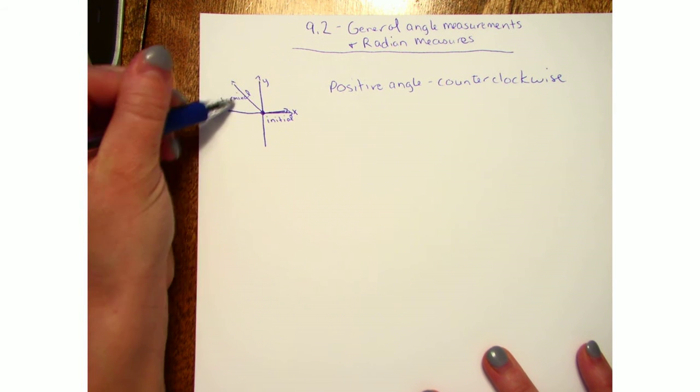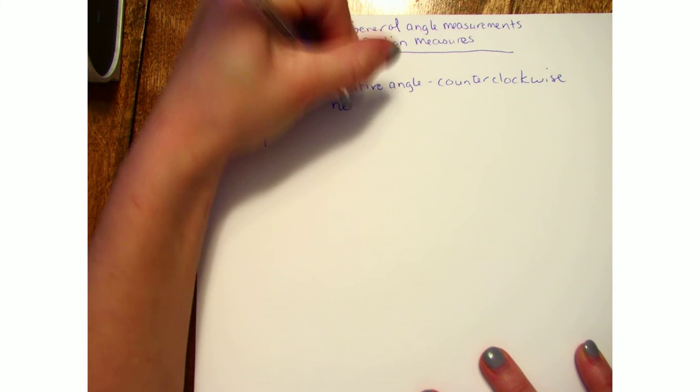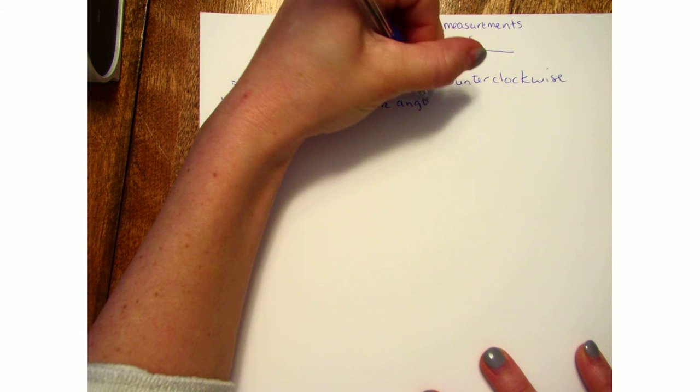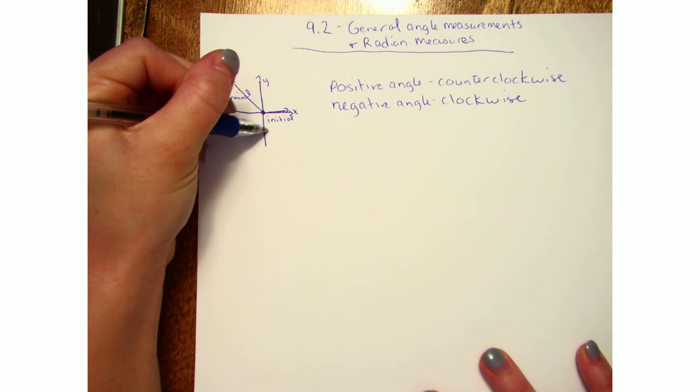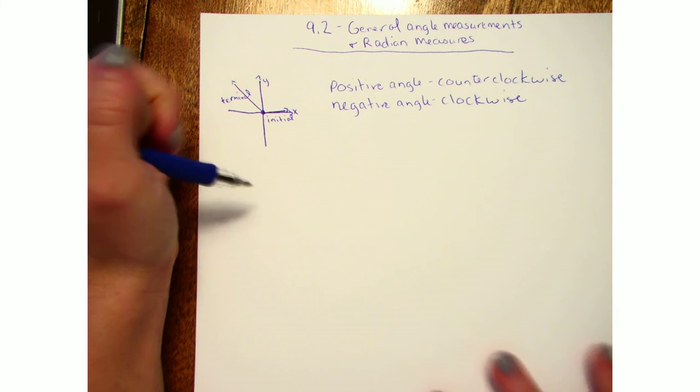You're going to go counterclockwise, opens up counterclockwise. If you're trying to figure out a negative angle, you're going to go clockwise. So it's just the opposite. You'd start at your initial and you're going to go down. Clockwise would indicate that it is a negative angle.